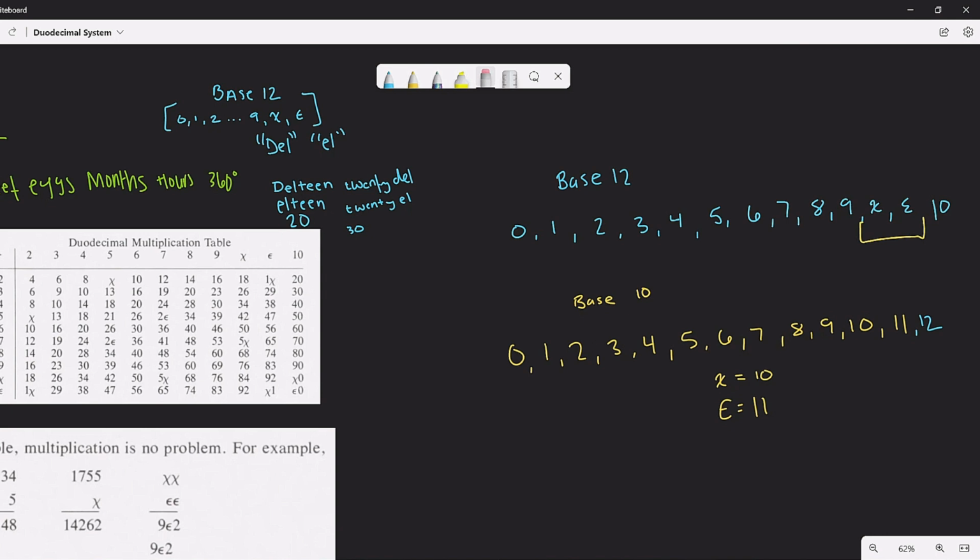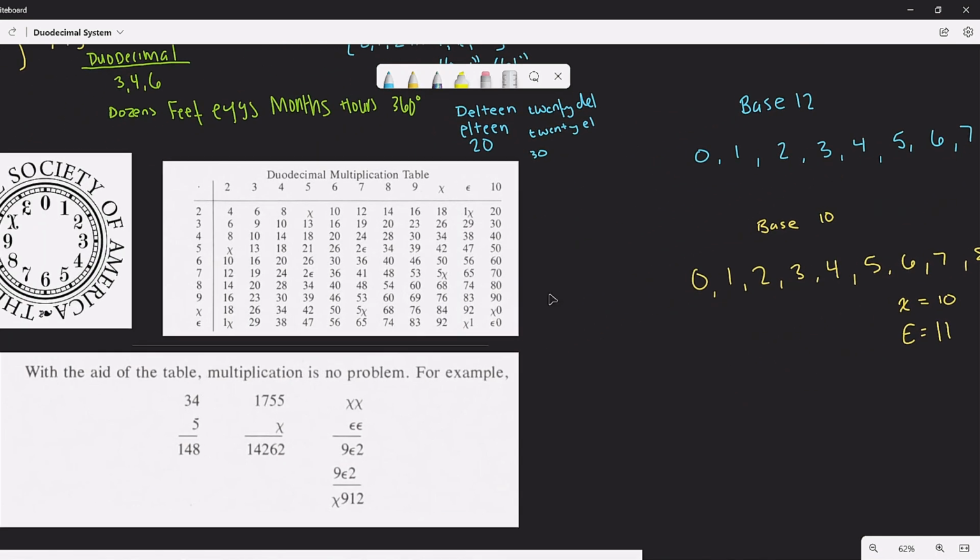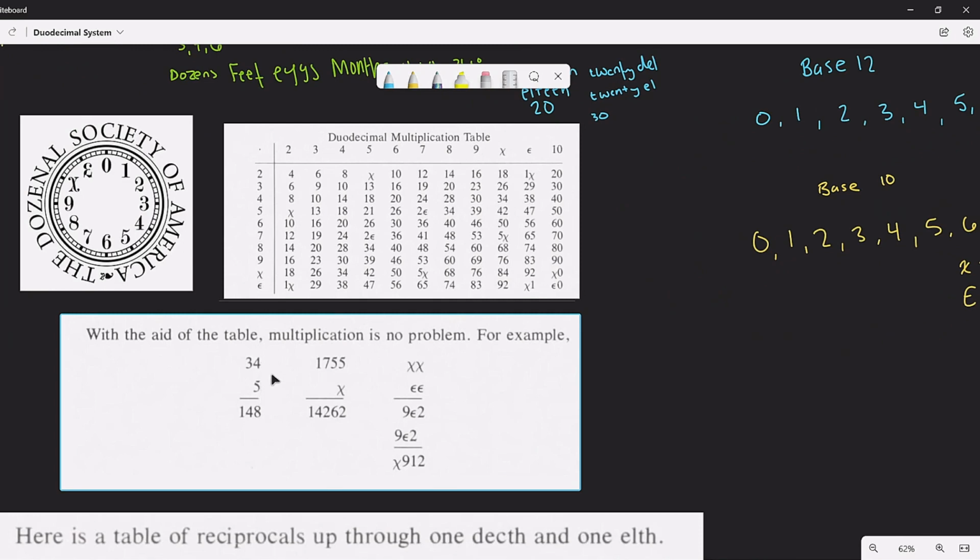And then here we can see how complicated it gets. This would normally be 170, but it's 148. We have the chi times 1755 gives us 14,000.